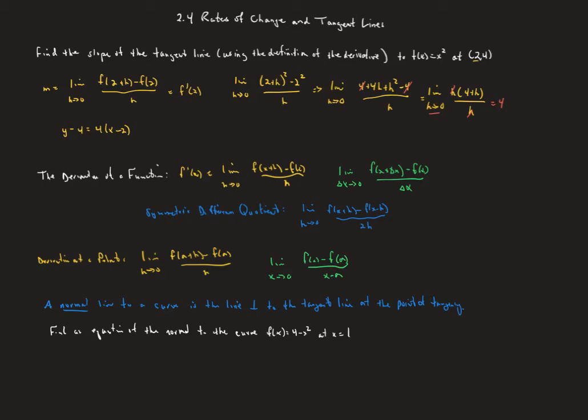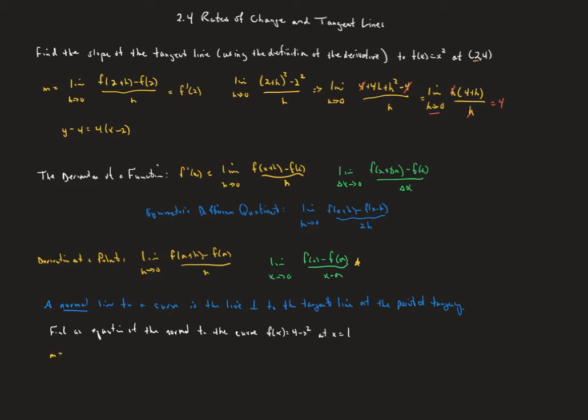First we're going to find the slope of the tangent line. Let's do the alternative version because we haven't done an example of it.